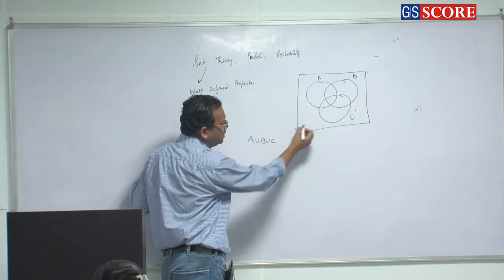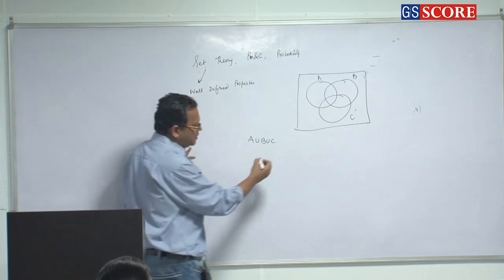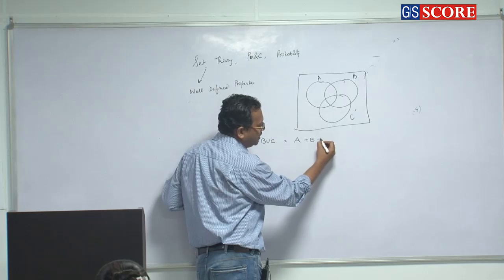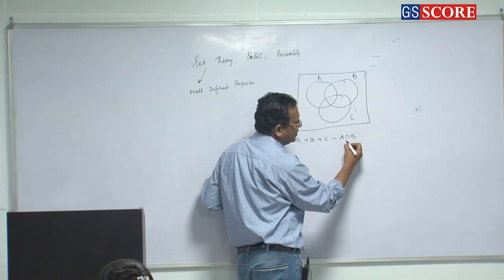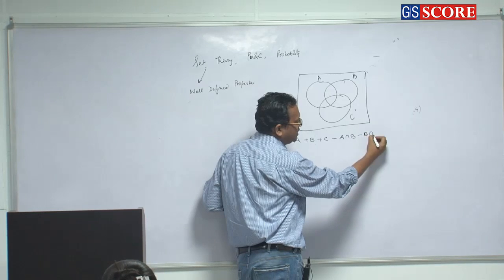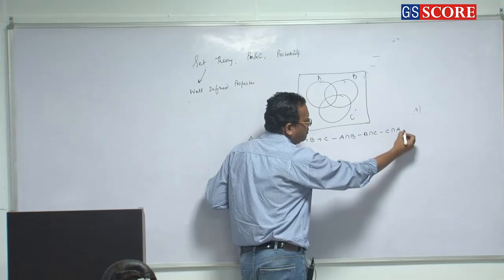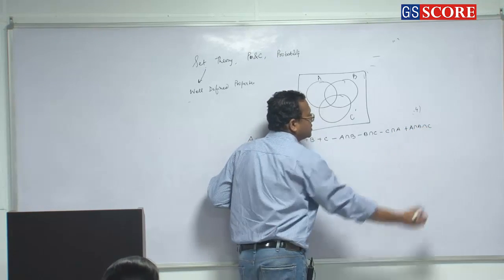So A union B union C is given by A plus B plus C minus A intersection B minus B intersection C minus C intersection A plus A intersection B intersection C.